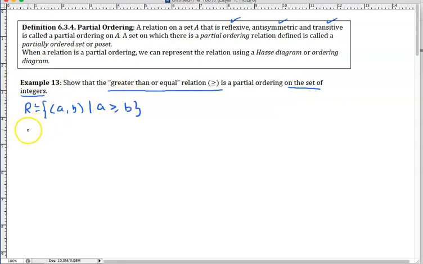First we check to see if it's reflexive. It is, because a is bigger than or equal to a, so all these pairs are in my relation for all integers, positive or negative. Let's see if it's antisymmetric.